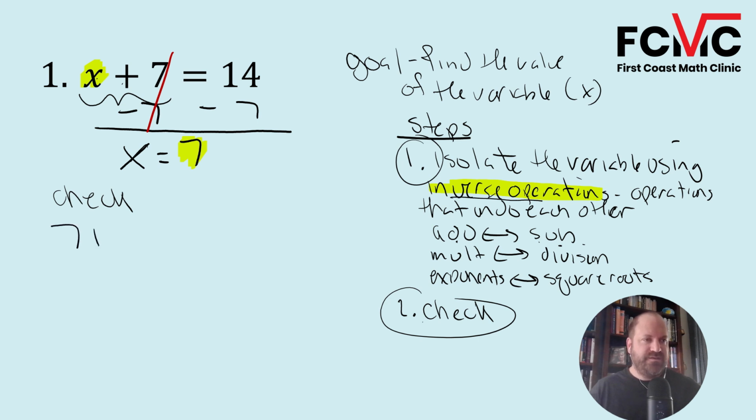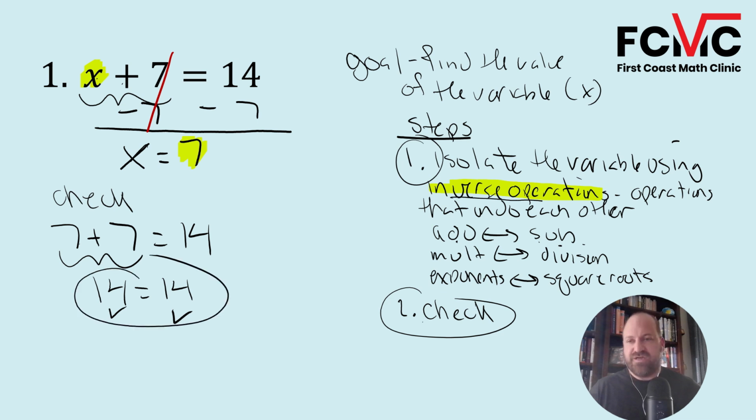So I'm going to have 7 plus 7 equals 14. Now I'm going to simplify this left side. 7 plus 7 is 14, and I get 14 equals 14. I know my answer is correct if the left side and the right side are equal, which they are. So my answer checks. So I'm done, and I get x equals 7 as an answer.